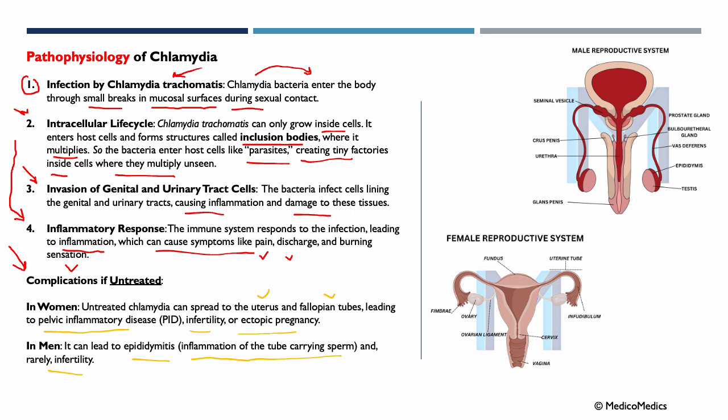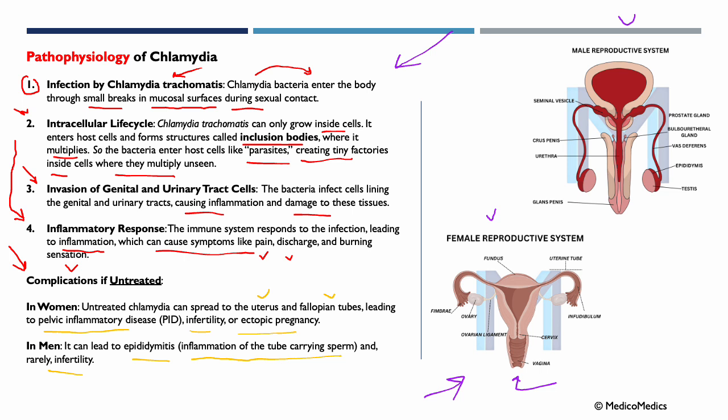So to provide a more simple and easier way to remember all of this and to make it clinically relevant, because this is a lot of words, we have our illustrations here. We have the male reproductive system and the female reproductive system. Now, what happens if we talk about the female reproductive system? We have entry of the causative agent during vaginal intercourse, okay?